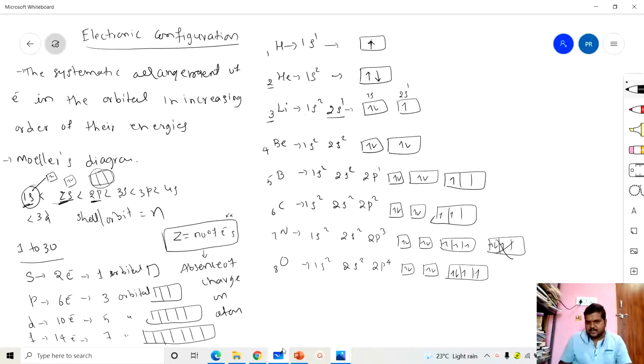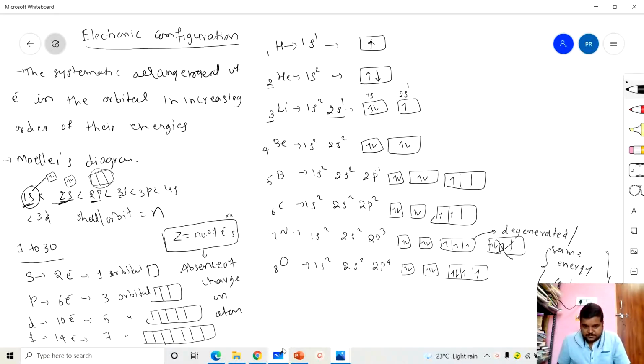Why? Because these orbitals are called degenerate orbitals, meaning orbitals containing the same energy. Because of the same energy, each orbital is filled with one electron first, and after that pairing occurs.